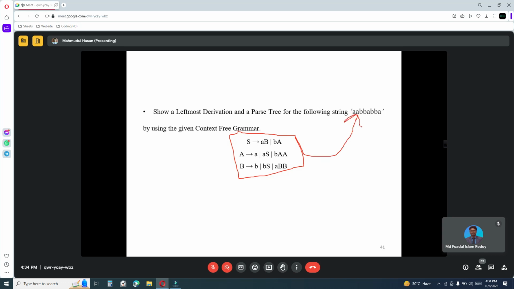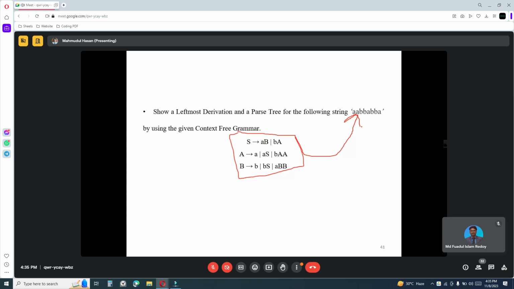Is it? Anyone solve this one? Hello? Anybody? No, sir. Why no? That one is your homework, and I gave this homework in the last class. Anyone tried to solve this one, or nobody?